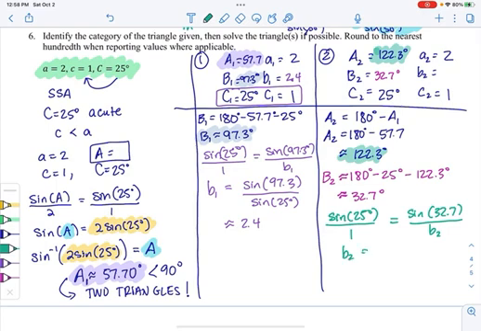So solving for b sub 2 gives me sine of 32.7 degrees all over sine of 25 degrees. And again, these can all just be put into Desmos. This I get about 1.3. So now what I've done is solved for all three sides and all three angles of the two triangles that are possible with the given criteria.